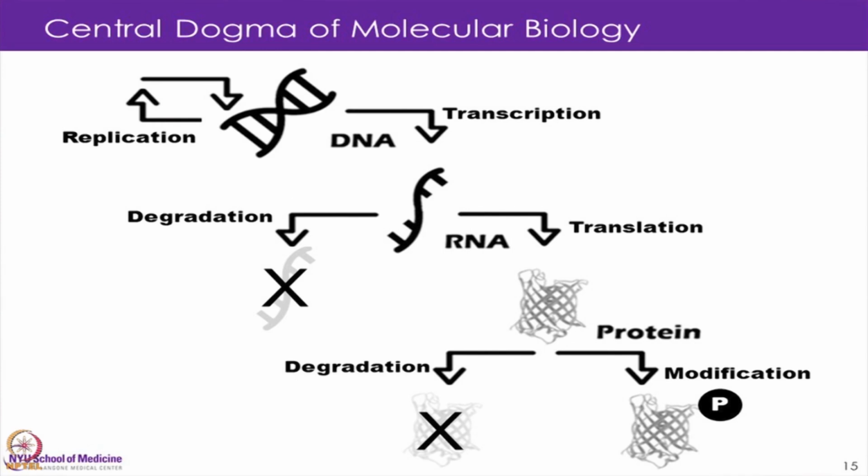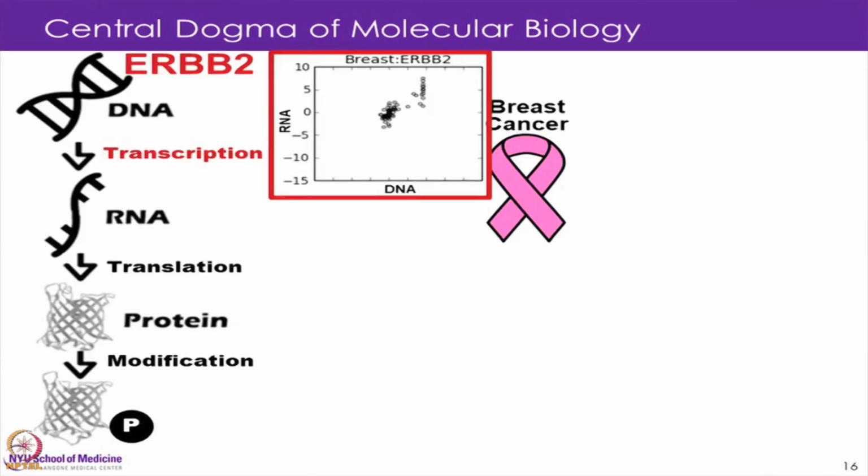If we just look at one example, this is in breast cancer, it's ERBB2. Here we have copy number and RNA levels. We see that there is a group of samples that have a higher copy number of this gene, ERBB2, and of course this is the HER2 subtype.